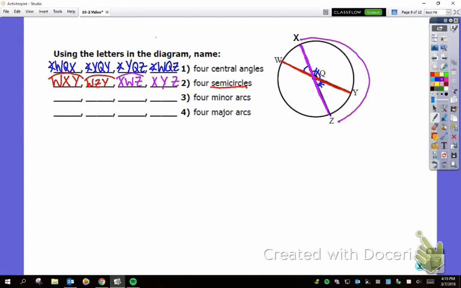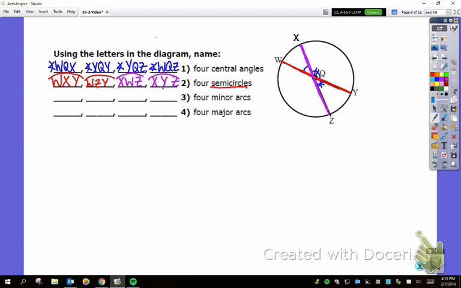Okay, now our minor arc is named with 2 letters. I'm going to erase this semicircle mark. Okay, so minor arcs, 2 letters, less than 180. I personally think these are your easy ones.